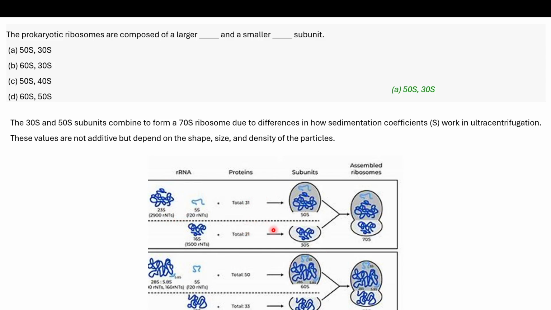The 50S subunit is made up of 23S rRNA and 5S rRNA. 5S is really small, around 120 nucleotides long, and 23S is rather huge, around 2.9 or 3 kilobases long. And there is 16S rRNA for the 30S subunit, which is around 1.5 kilobases long.